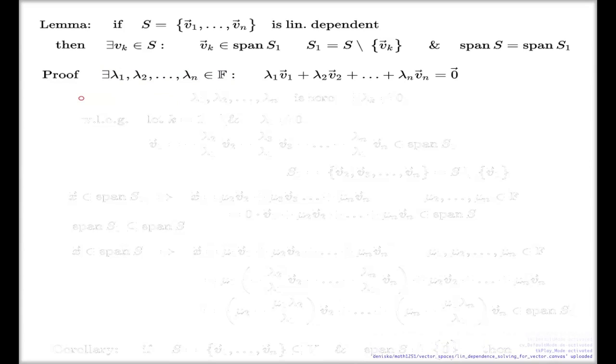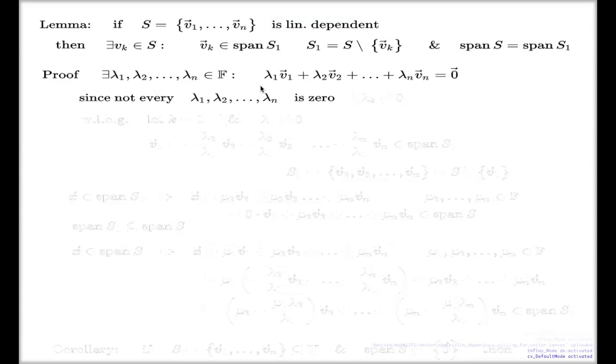And the other thing we have in the definition is that not every element in this sequence, lambda 1, lambda 2, lambda n, is 0. This is my interpretation of the set of vectors being linearly dependent, just an expansion of this assumption of my lemma.